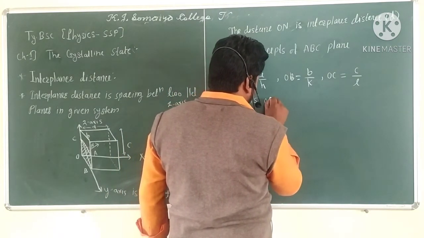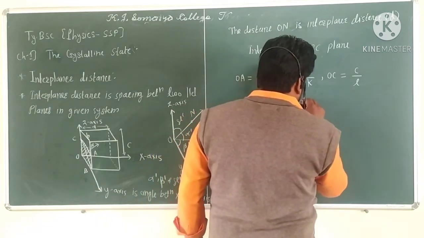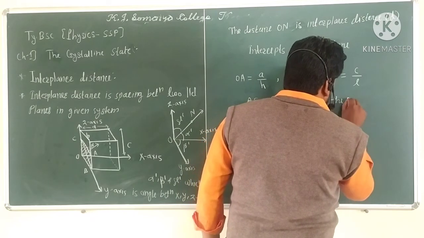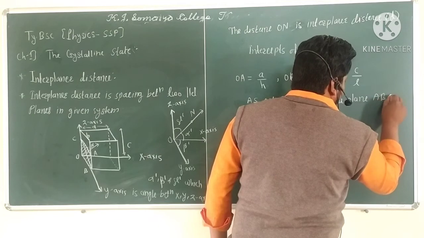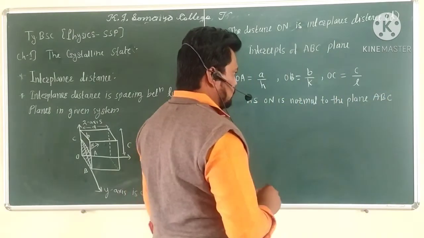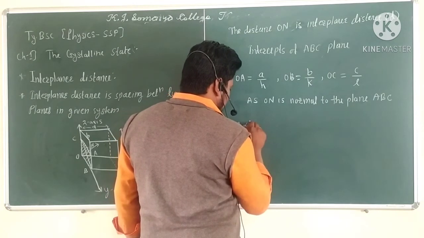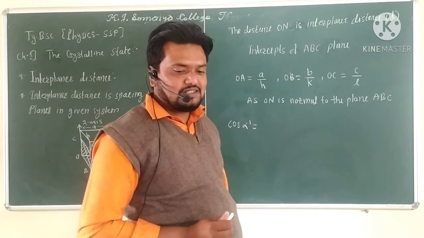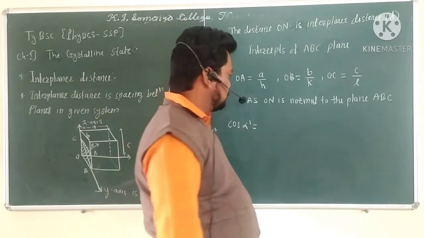As ON is normal to the plane ABC, cos alpha prime is equal to d upon OA.